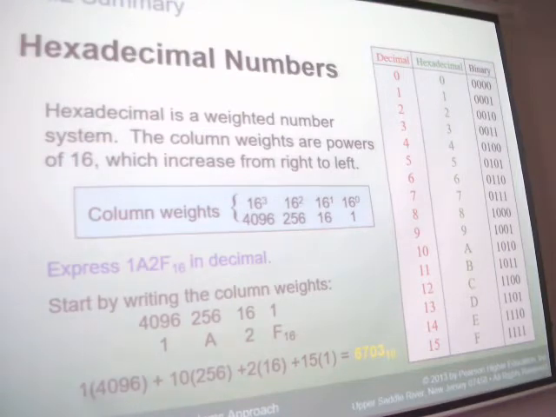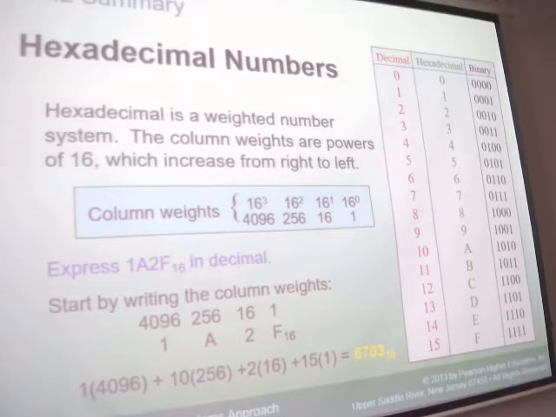So the last one is plus, 6 plus 7 is 13. 13.